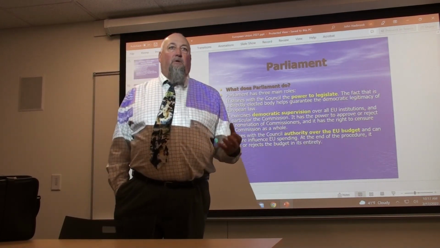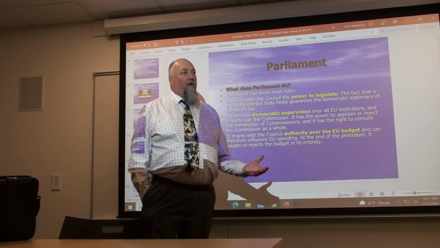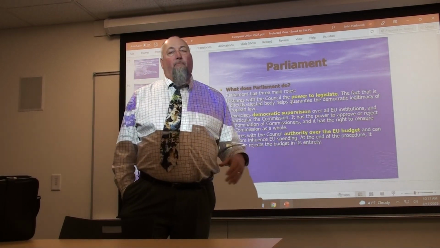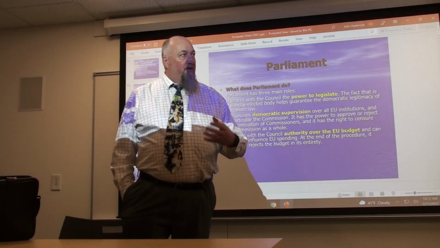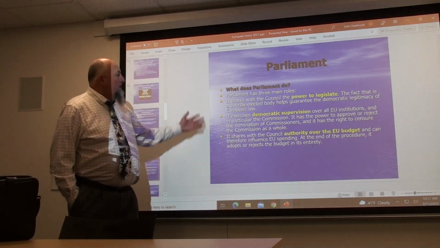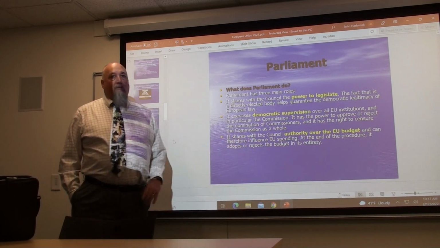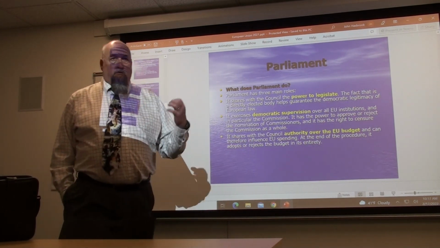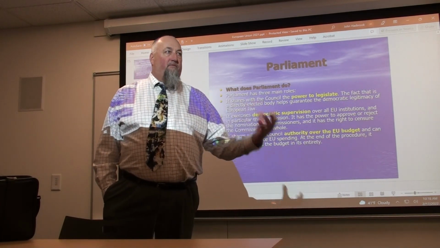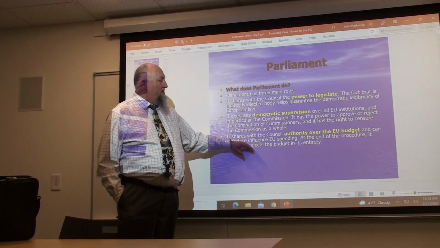This is similar to when a cabinet member or a federal judge has to be approved by the Senate. So you have these checks and balances built into their system. And then, like Congress, the Parliament has authority over the European Union budget, meaning through the representative process you have involvement from the voters through their representatives over the budget.